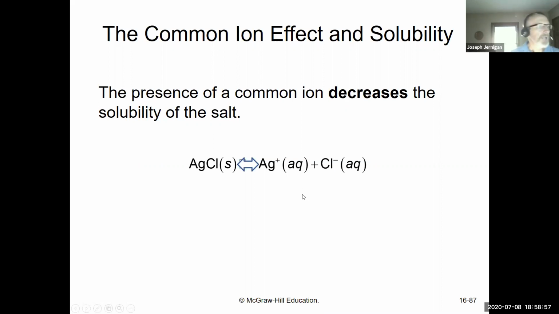And that is going to add silver ion, or it's going to add to the product side of that dissolution reaction. And what does Le Chatelier say is going to happen? It's going to force it to go back to the left. So you're going to form more silver chloride by adding that common silver ion to that solution, okay?